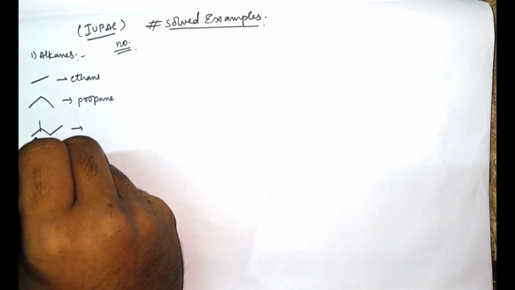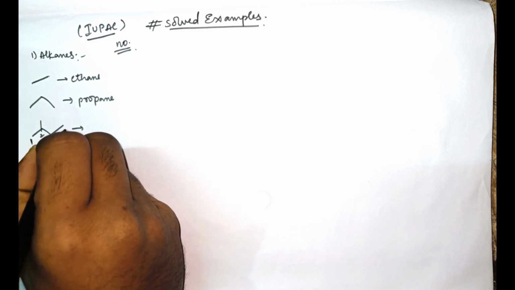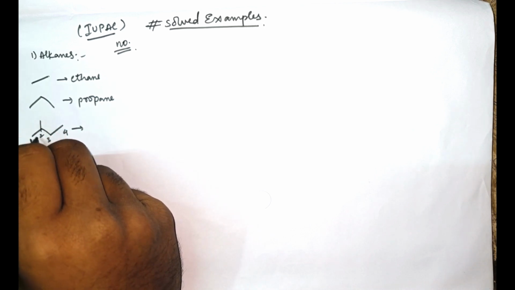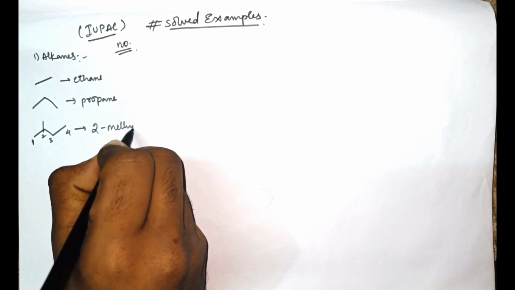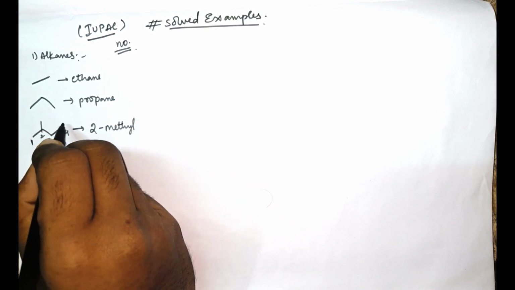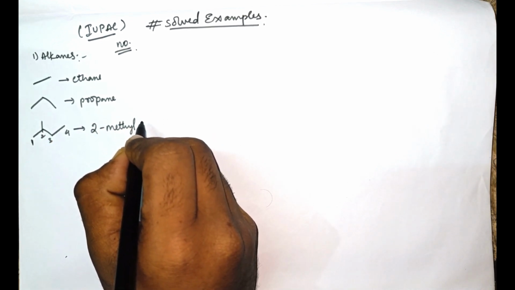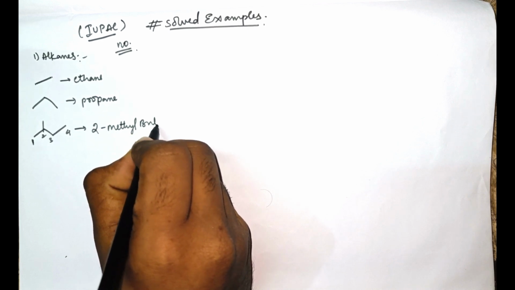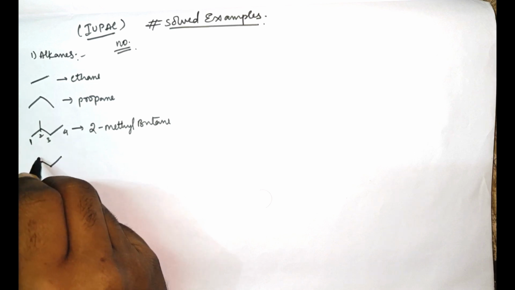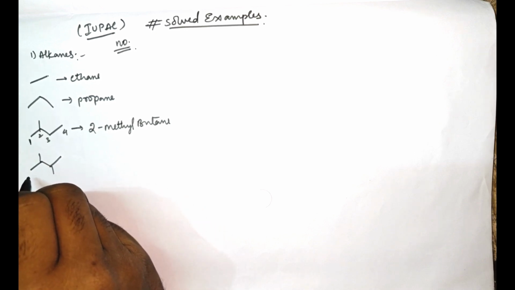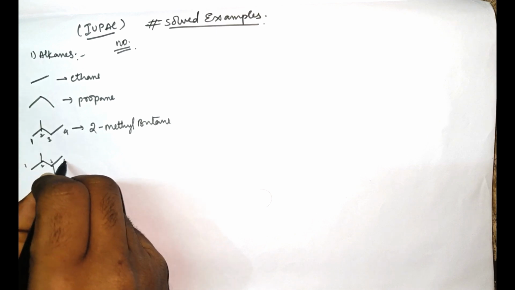Now if you look here, let us give numbering to the carbon system 1, 2, 3, 4. The methyl group is present at the second carbon, so it is 2-methyl, and this is a 4-carbon hydrocarbon system, hence I can name it butane. Now let's take another example. In a similar manner, we give numbering 1, 2, 3, 4.